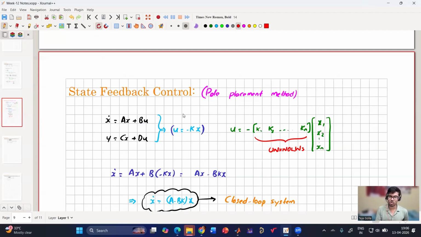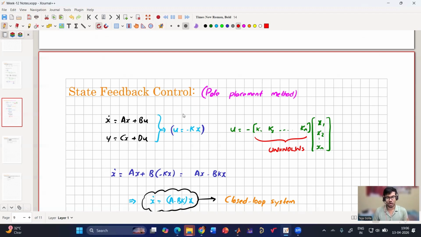So for the controller to compute, it should have the data from the observer. The observer has to be faster so that it will give real-time estimated data to the controller, and then the controller will control the system and make sure the poles are at the desired location, or it is responding to the desired transient requirements or whatever requirements the user is giving.